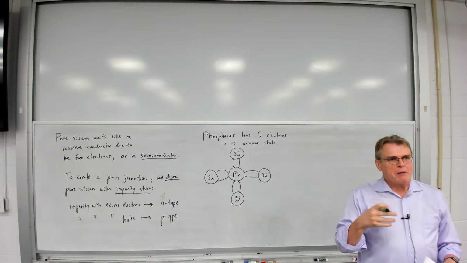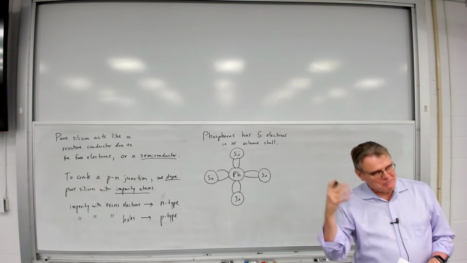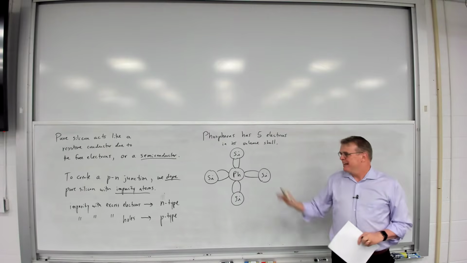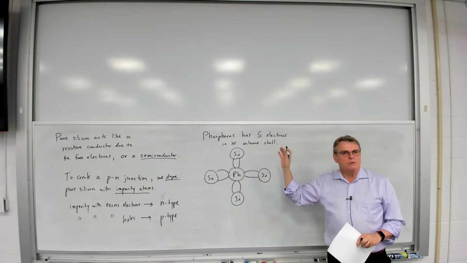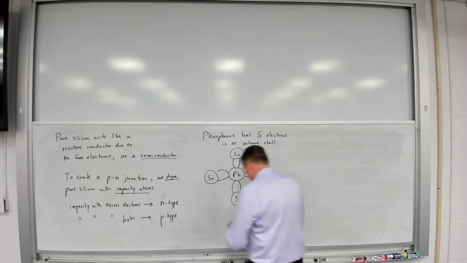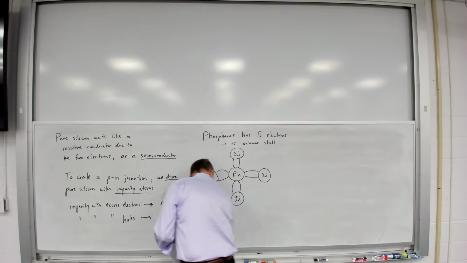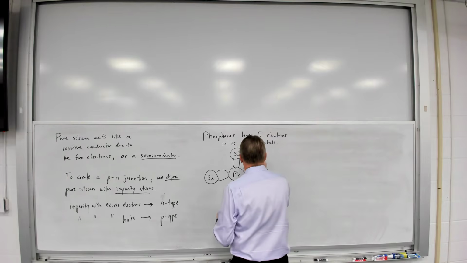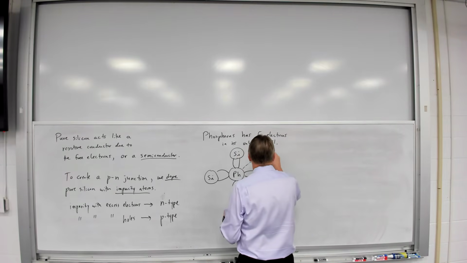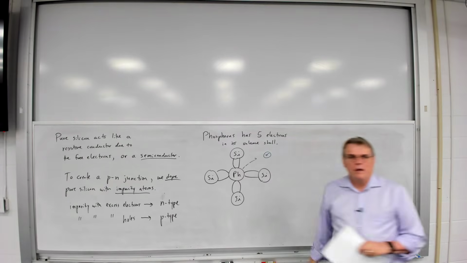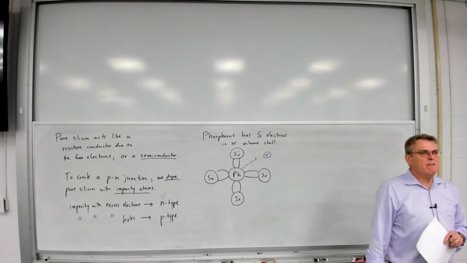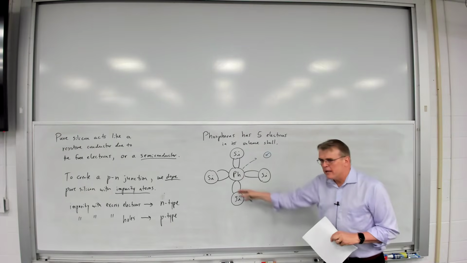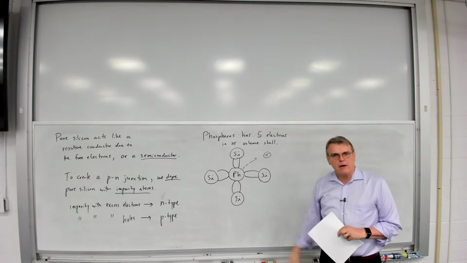Of course, I'm anthropomorphizing atoms here, but I think you guys understand what I mean by this. It's more than happy to release that extra electron. So in this case, that phosphorus atom will give up that free electron and doesn't really want it back because it now has its 8 electrons in its outer valence shell.